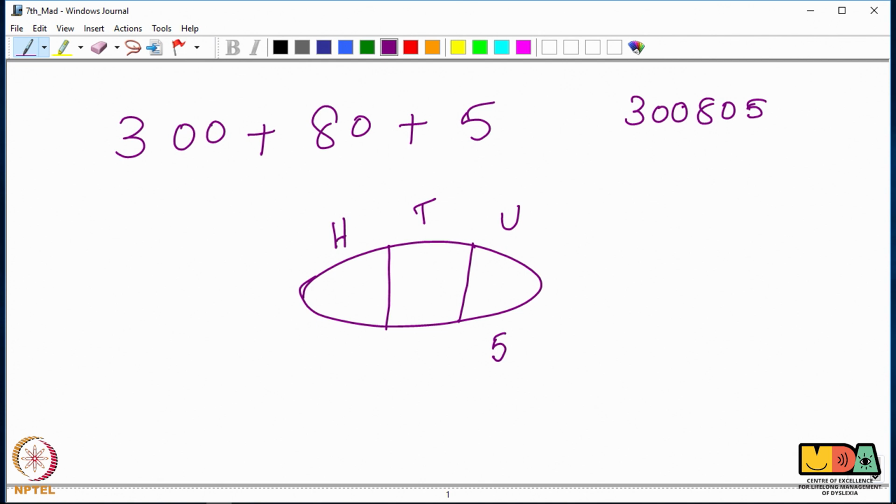So, where will the 5 go? Into the units place. What is the next one that you see over here? 0, 8. Which is the one which is not a 0? 8. So, it will jump into the house. Which is the other one that is written there?